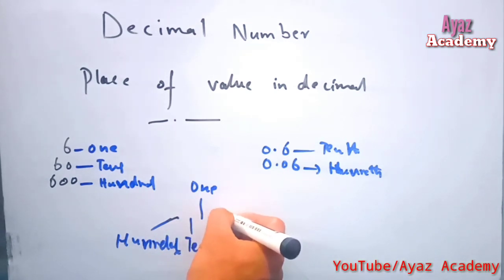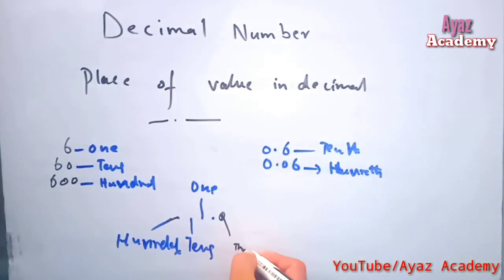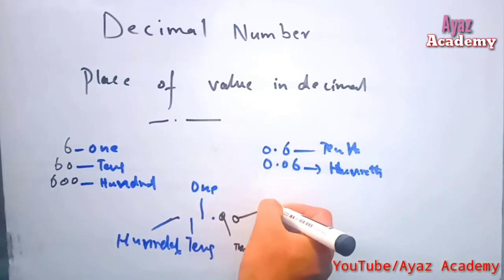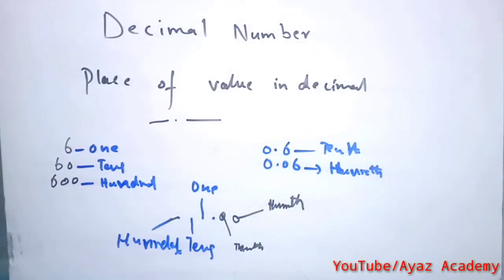The first number is called tenth. The second number is called hundredth. Okay, so place values in a decimal number.